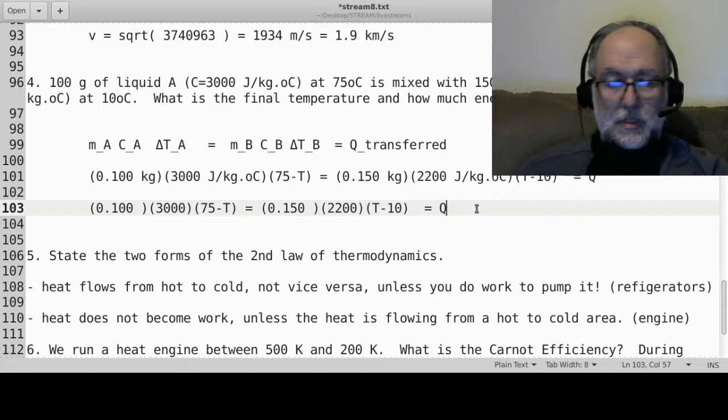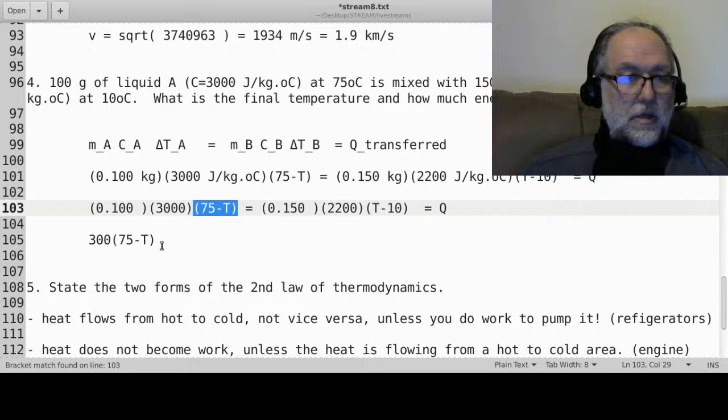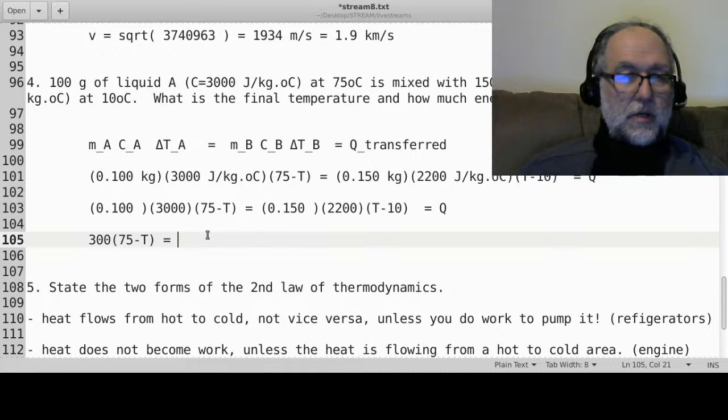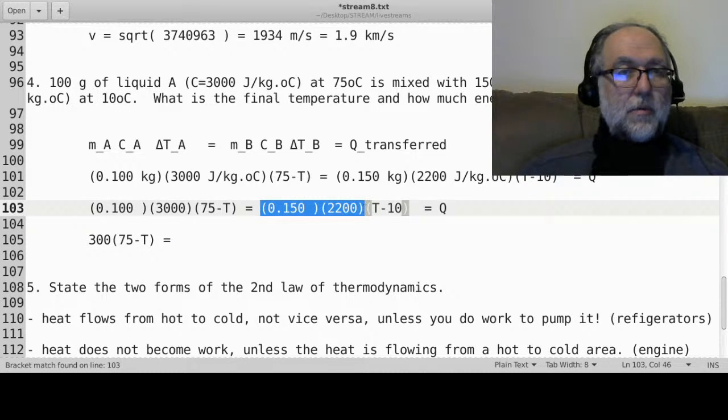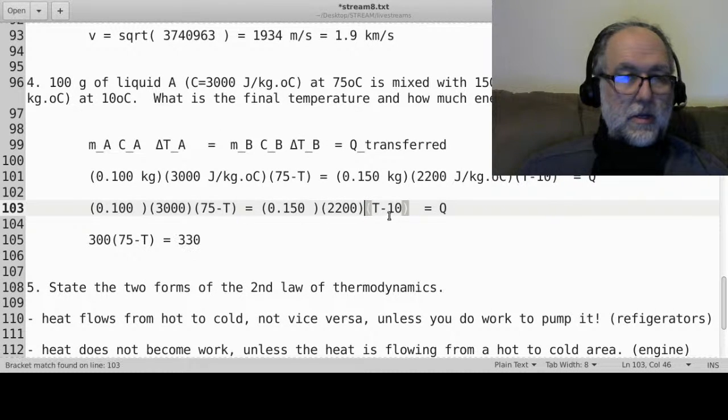All right, and I just did a little bit of an analysis of the units. 0.1 times 3,000 is 300. So on this side we get this. On the other side we're going to get this, and let me work that out on the calculator. That's 330 times this.